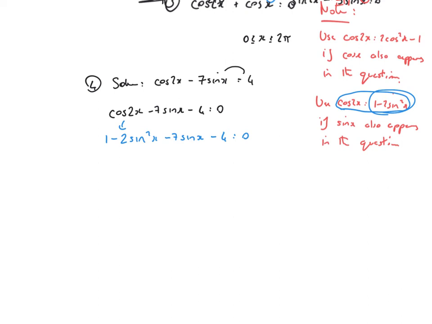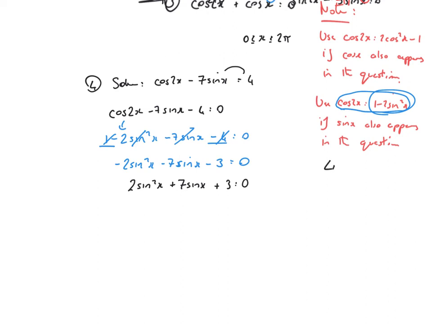Okay, so I've got minus 2 sin squared x minus 7 sin x. I've then got 1 and minus 4, which is minus 3, and that is equal to 0. Now I've got the thing equal to 0, I can multiply everything through by minus 1 to get something that's a wee bit more suitable. 2 sin squared x plus 7 sin x plus 3 is equal to 0.